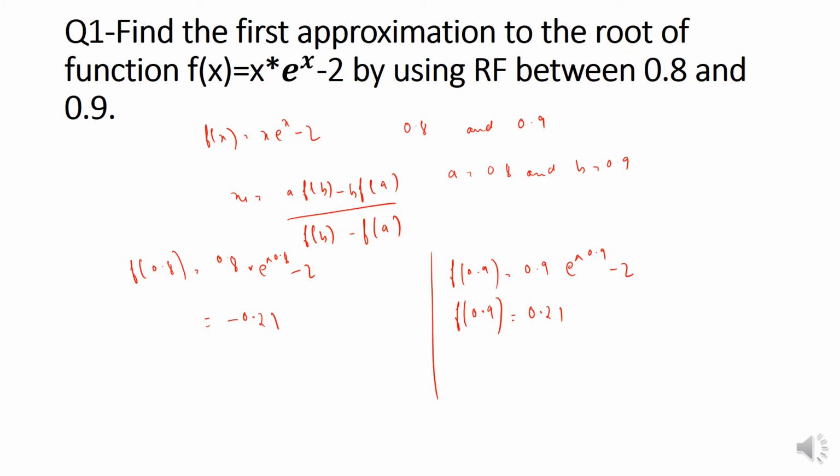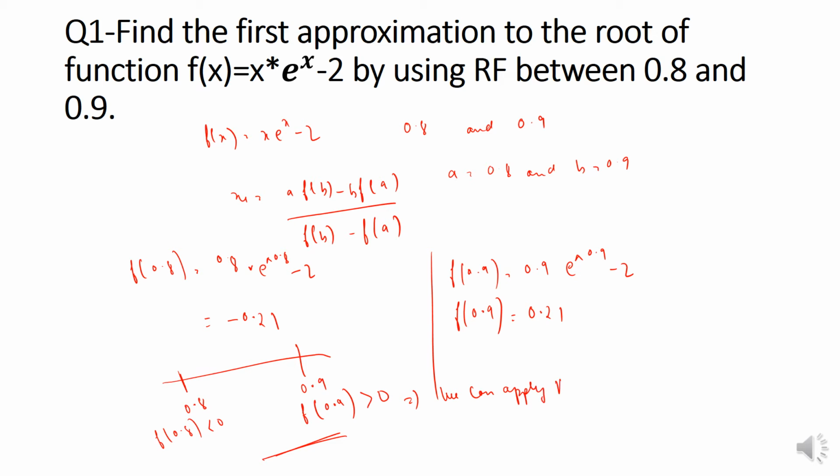So on the number line, this is 0.8 and this is 0.9. f of 0.8 is negative and f of 0.9 is positive, so we can apply the RF method to find x.